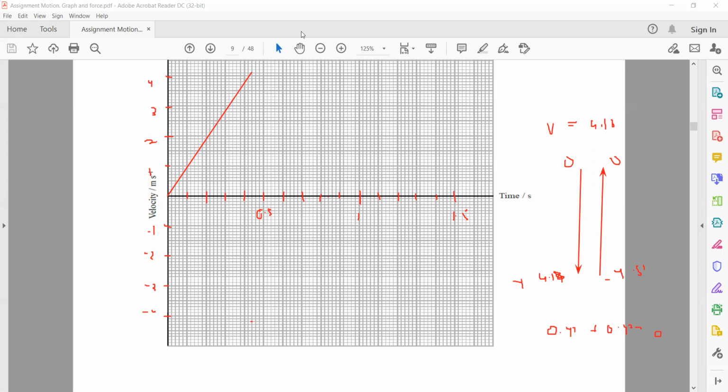So at 0.84 it will return back to the same height, and it will have initial velocity 0, and we can join these 2 points as well. So this will be the graph for showing the motion of this object. The parallel lines should be there. These two lines should have the same slope. Why? Because they will have the same acceleration and deceleration.